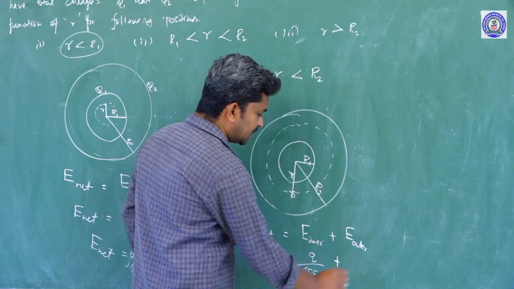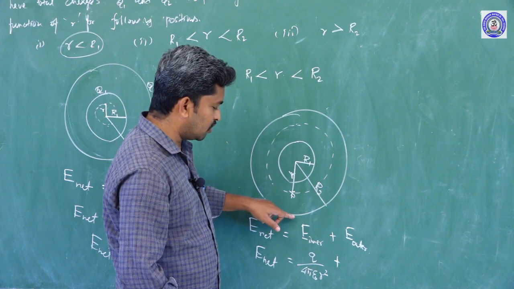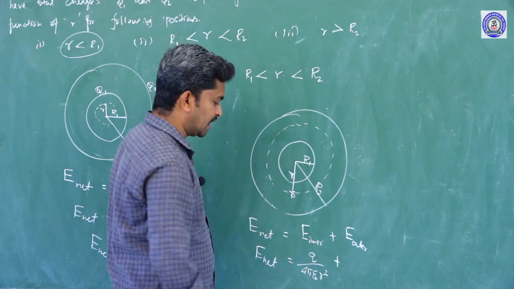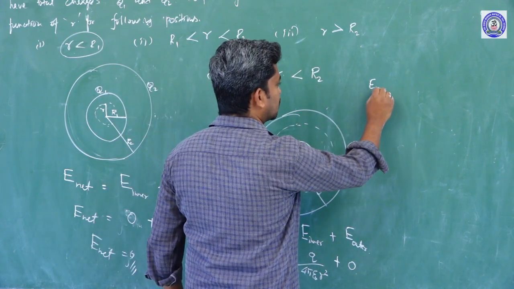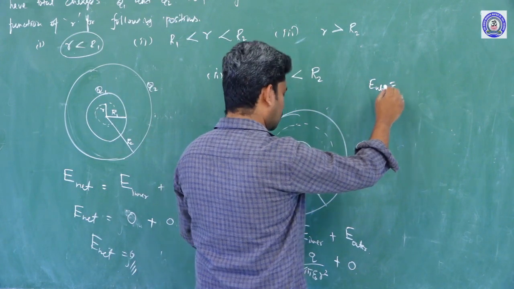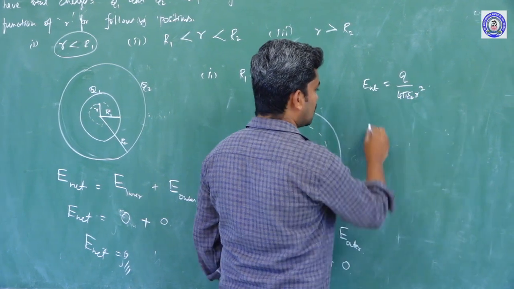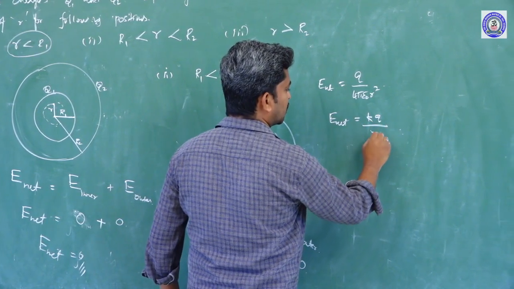For the outer sphere, the point P is inside of the outer sphere, so the electric field inside is 0. So, finally, we get the net electric field equal to q divided by 4 pi epsilon naught r square, or the net electric field is equal to kq divided by r square.